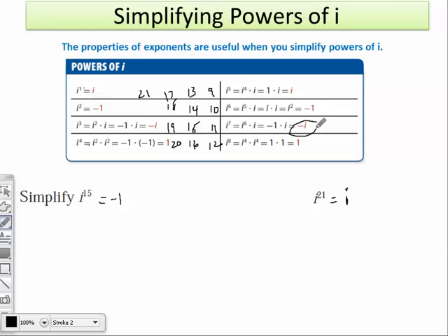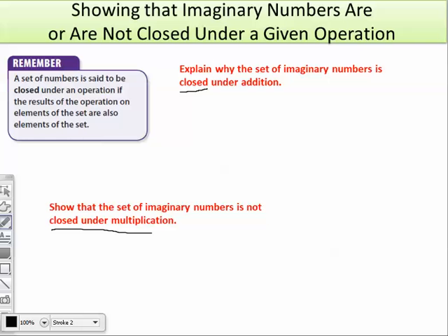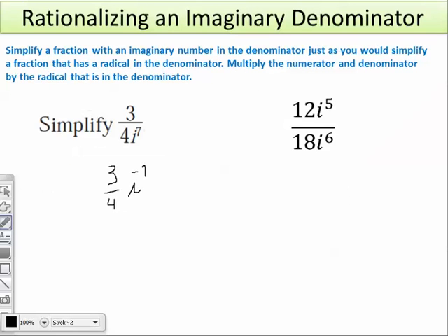That'd be a -I. Guess what? This one is going to be 3/4 -I. Oops, it's actually in the denominator, so to the -1st power. That would be my answer.